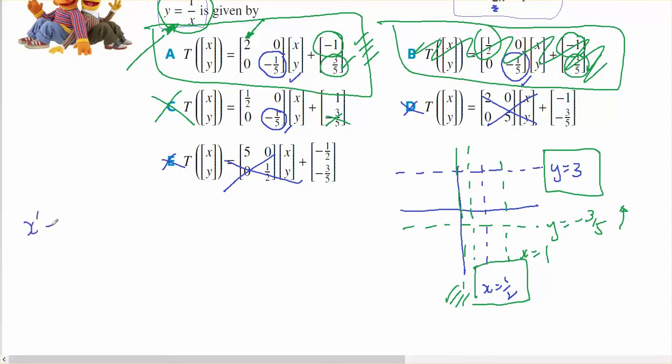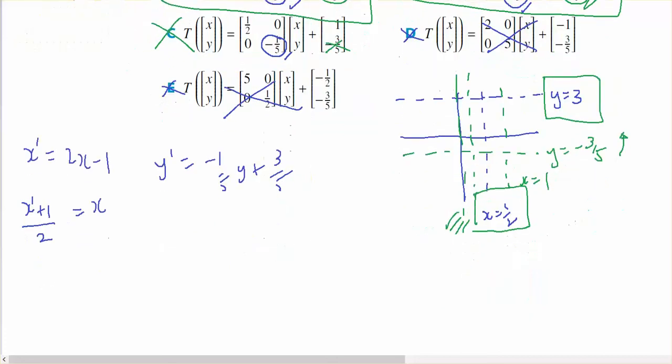So x dash should equal 2x minus 1, therefore x is going to equal (x dash plus 1) all on 2. And y dash should equal negative 1/5 y plus 3/5, which means that y minus 3/5 equals negative 1/5 y.